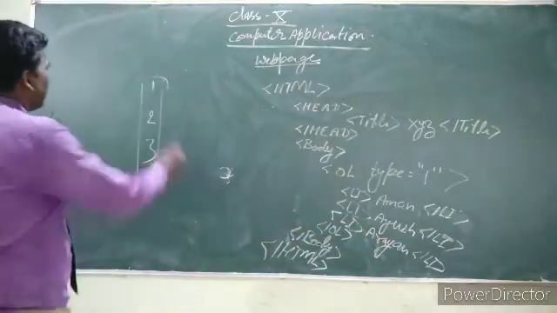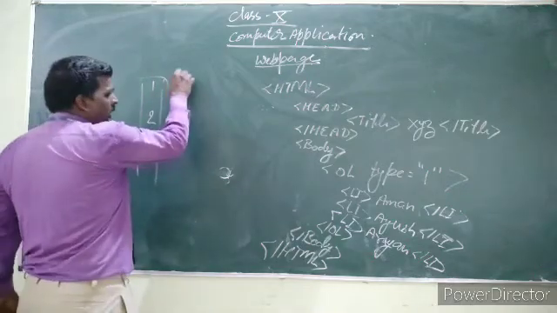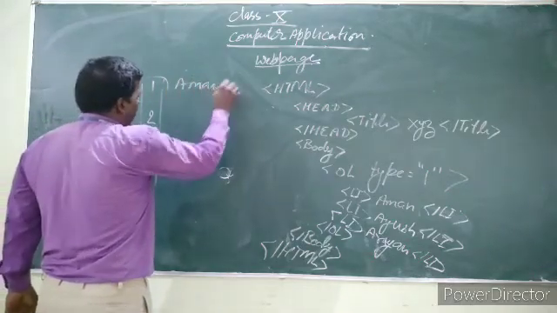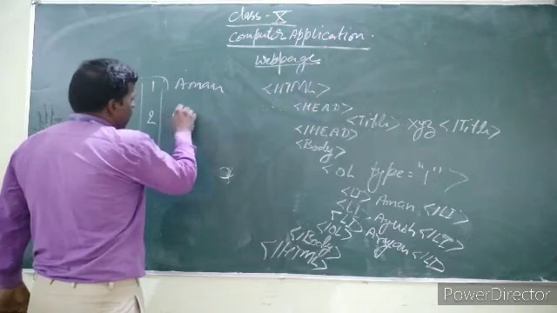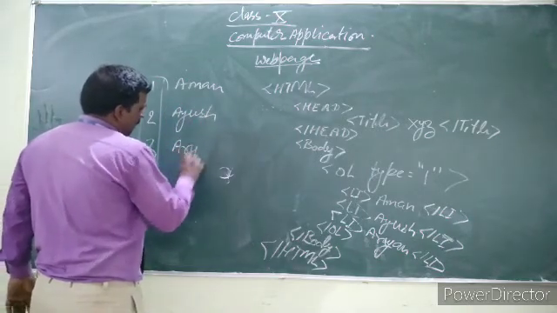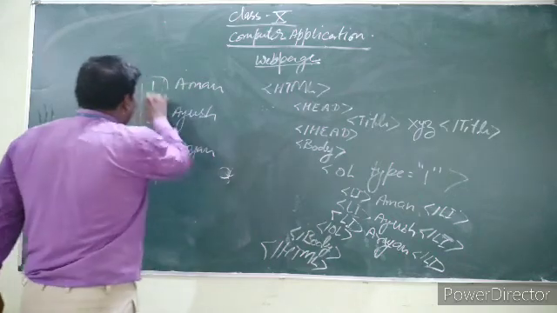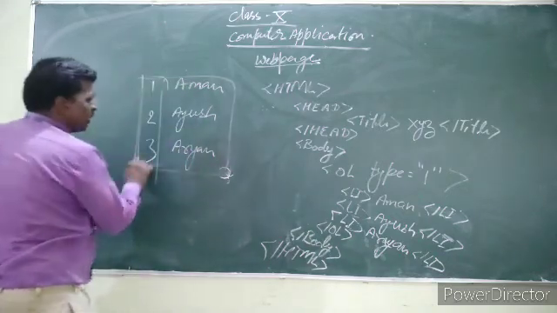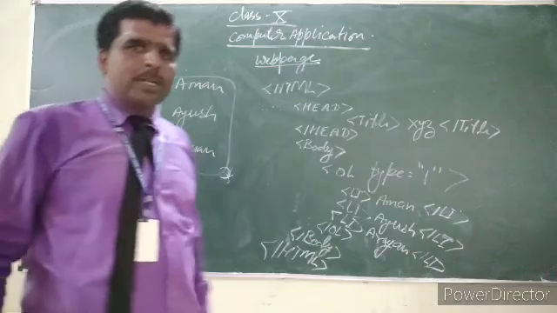So here 1 Aman, 1 Ayush, and 1 is Aryan. This type of list will be displayed on the web page.